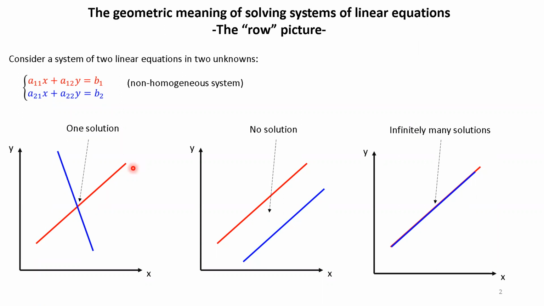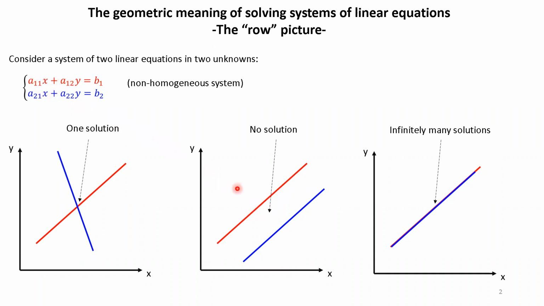Now, is it true that we will always have a solution to the system? That's not true, actually. You can see this case here. This time, these two lines happen to be parallel to each other. Whether they are parallel or not depends on the slopes of the two equations, which of course depend on A11, A12, A21, and A22.